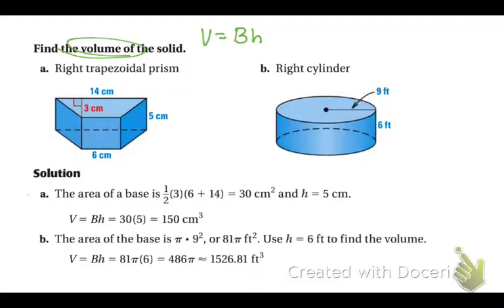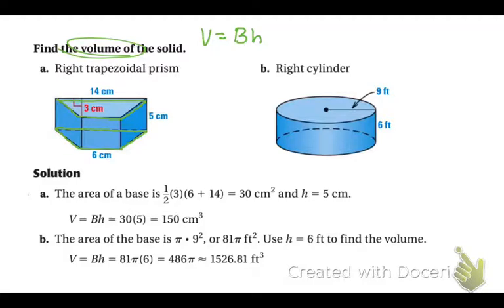Remember, our bases have to be opposite each other and they have to be congruent. So obviously this side and this side and this side, those are not opposite each other. So those would not make good bases. So here's our one base, and then the other base is down here. So they are congruent and they are opposite each other.